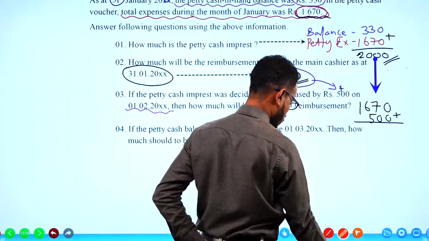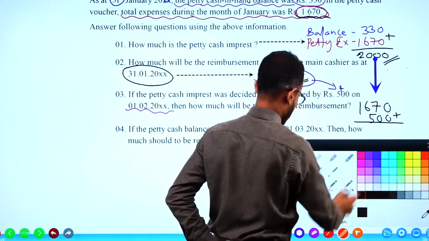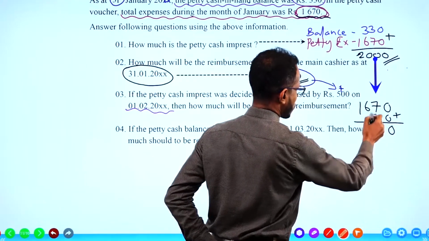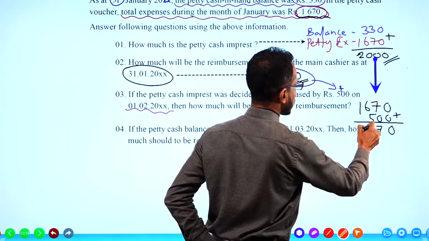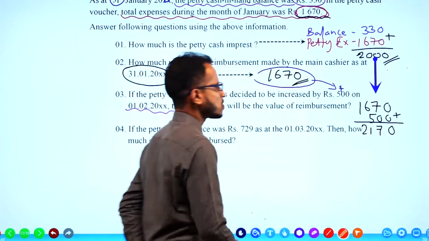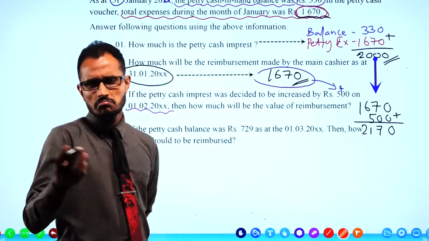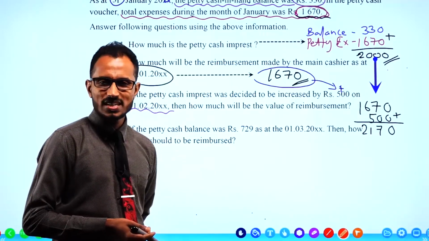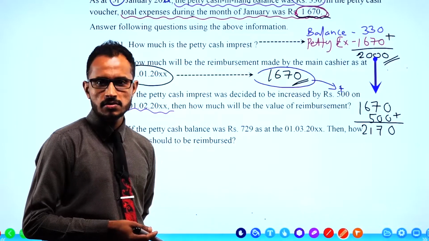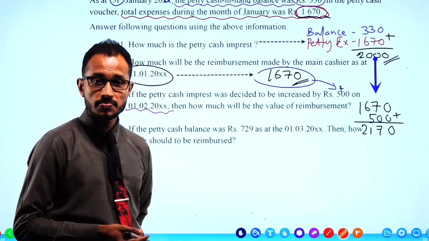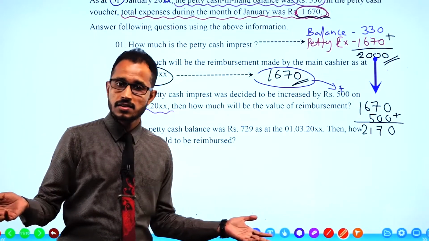What is the answer? 0, 7, 11 and 2. 2170. But the imprest amount did not become 2500. It becomes 2170. So it's wrong, right?